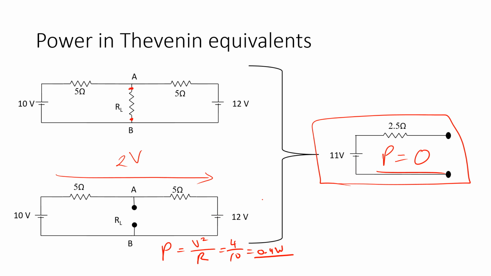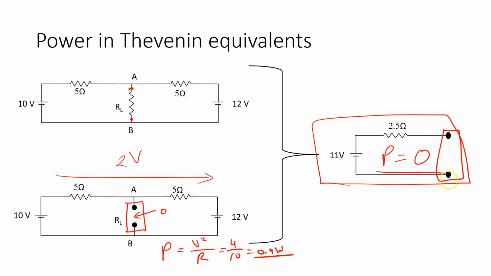In fact, the only thing that remains the same for the Thevenin equivalent is what happens between these nodes. So the Thevenin equivalent makes only what is in between these nodes here the same. So that is, the power dissipated here is 0 because the current is 0, so I squared R will be 0.